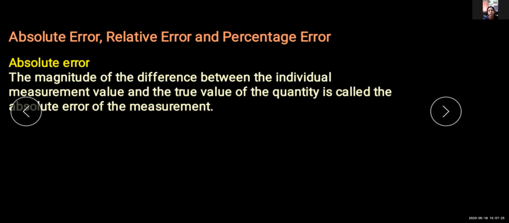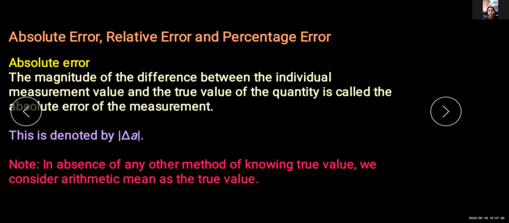So absolute error, relative error, and percentage error. How do we find the absolute error? Absolute error is the magnitude of the difference between the individual measured value and the true value of the quantity. It is denoted by the magnitude of delta A. In the absence of any other method of knowing the true value, we consider the arithmetic mean as the true value.